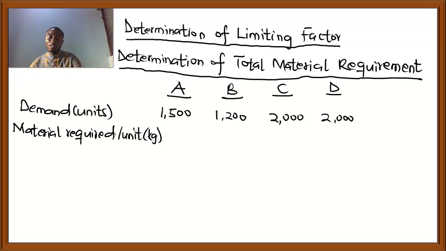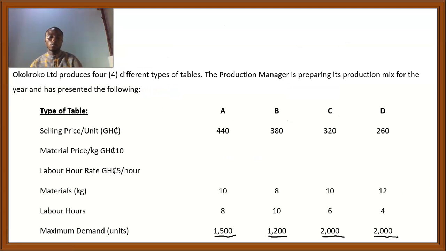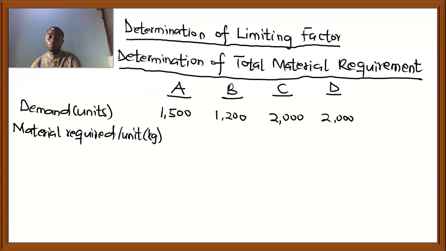So let's go back to the question. We are told that for table A, the materials required are 10. And for B, we have 8, C, 10, D, 12. So we come and write them here: 10, 8, 10, and then 12.